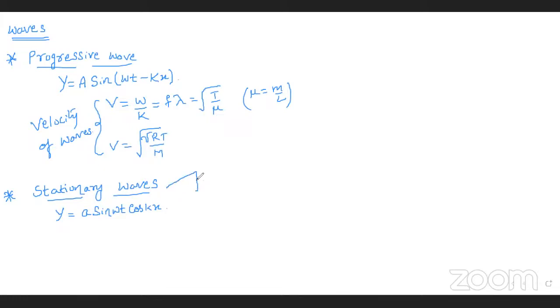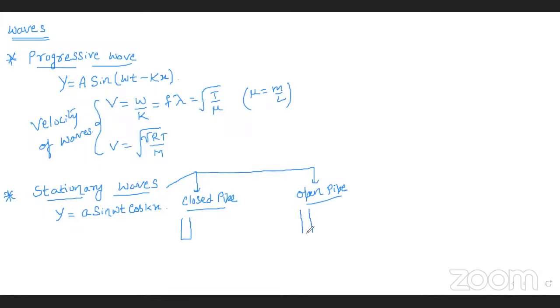Usually here you are going to get two different concepts. One is going to be the closed pipe. The second one is going to be the open pipe. For closed pipe, one end will be closed.